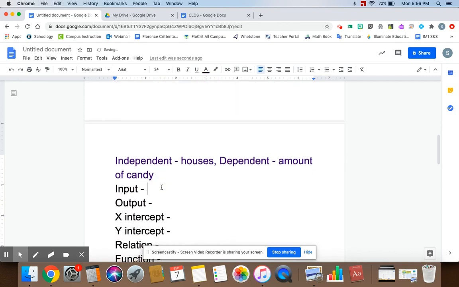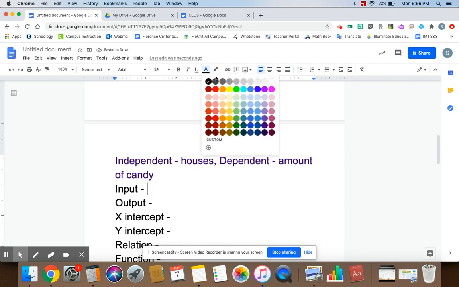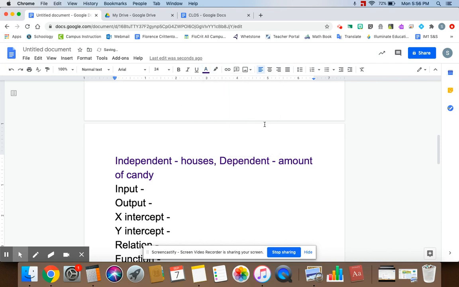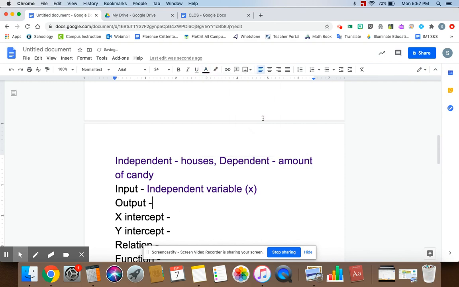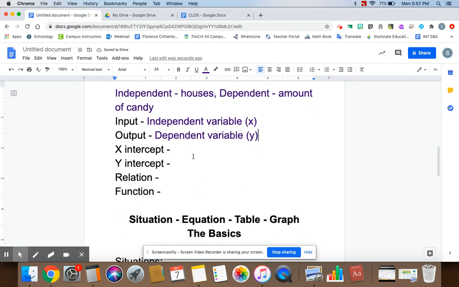The input is always your independent variable. So input's always x. And then your output depends on whatever you put into the equation. So your output is the dependent variable, which means your output is always what letter? Y. So we will talk about this more. The input is x, output is y.